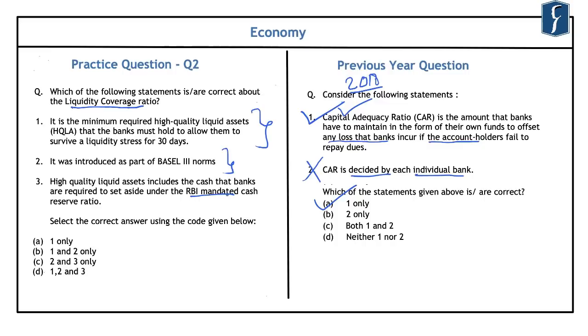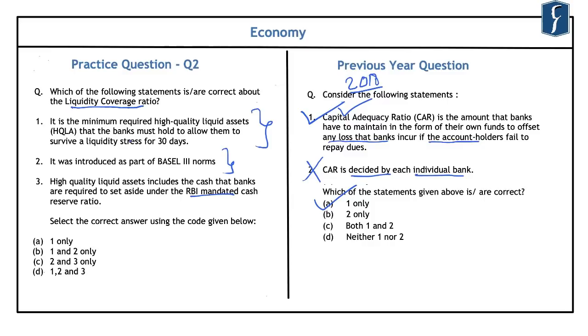Now, in this regard, if you look at the definition of the liquidity coverage ratio, it is actually the minimum required high quality liquid assets that the banks must hold to allow them to survive a liquidity stress for 30 days. Now, what are these high quality liquid assets? So, these are those assets which can be easily converted into liquid cash.